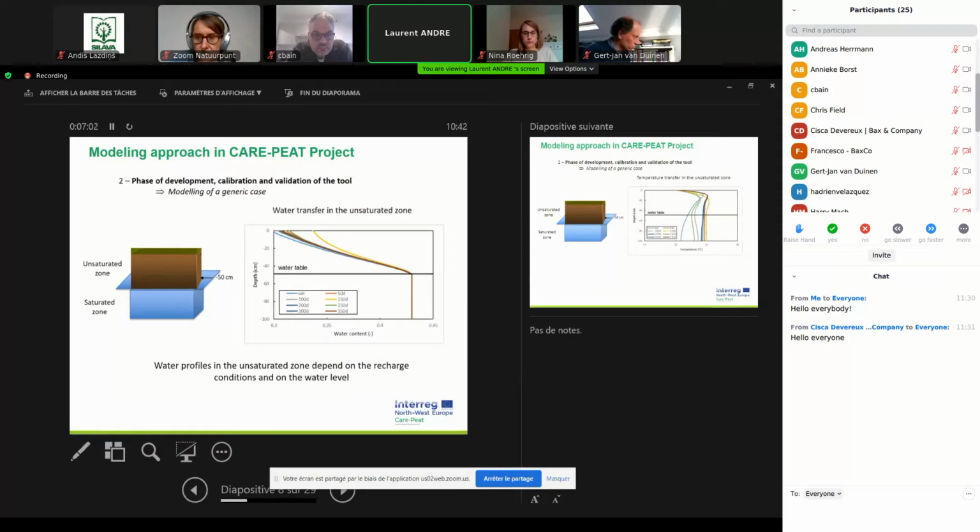Just to show you some results, but it is really the beginning of this application. According to the recharge condition and the position of the water table, which is the black line here, we can follow, for example, the evolution of the water profile according to time.